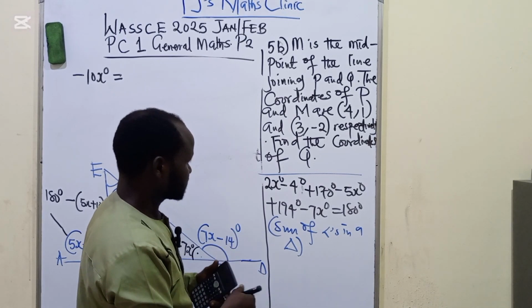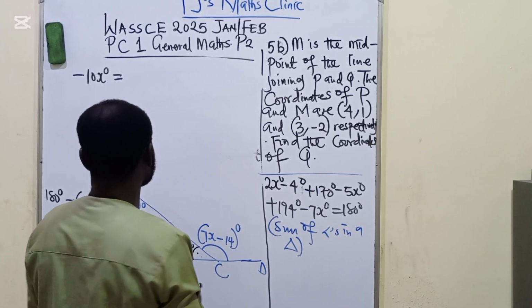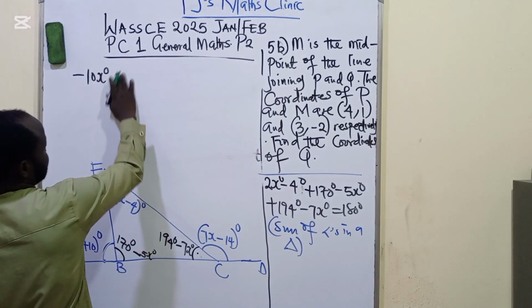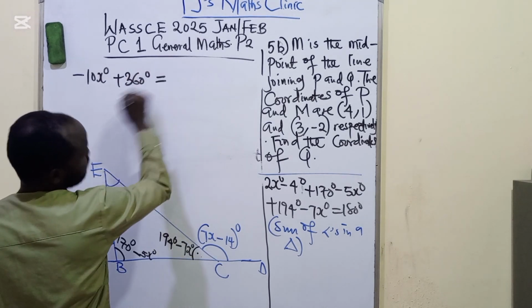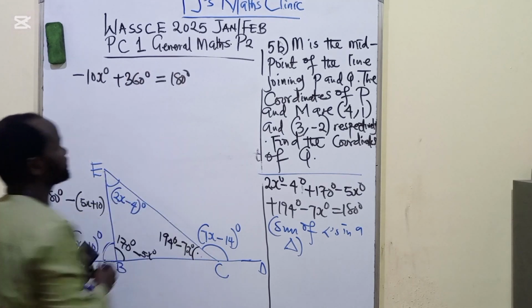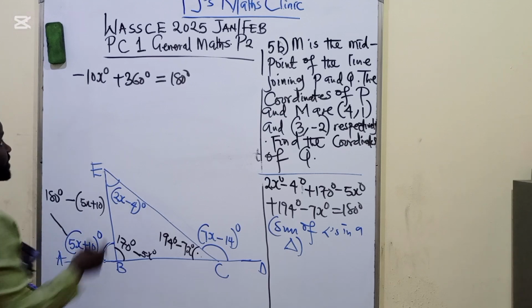That will be 360 degrees. Plus 360 degrees will be equal to 180 degrees. So let's collect like terms.